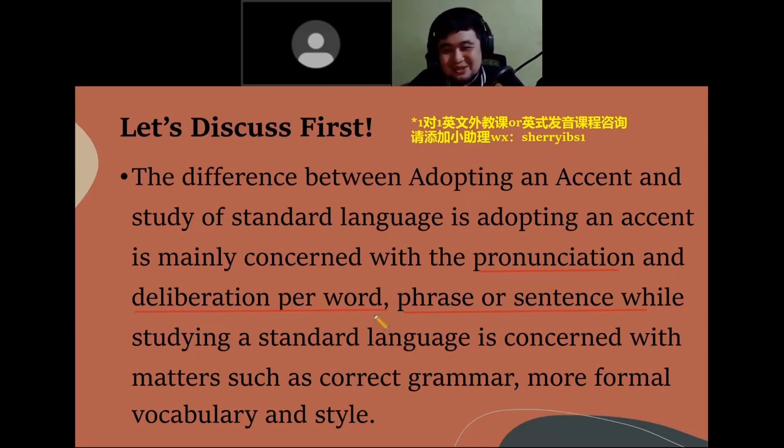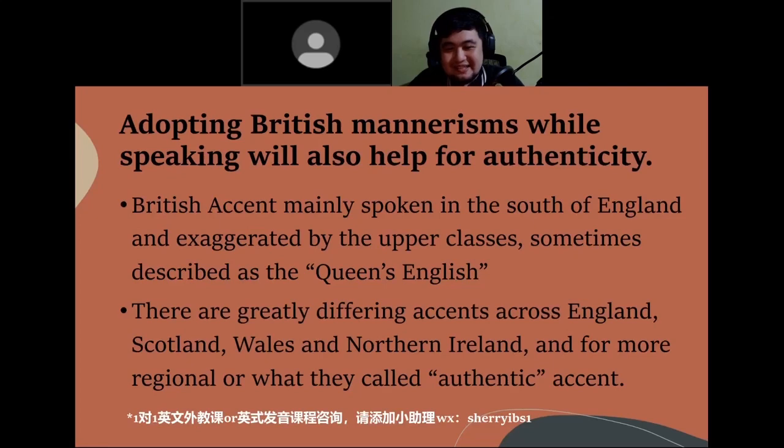Okay, so students, next slide is adopting British mannerisms while speaking will also help for authenticity. What does authenticity mean? It sounds genuine, it sounds true. British accent is mainly spoken in the south of England and exaggerated by the upper classes.